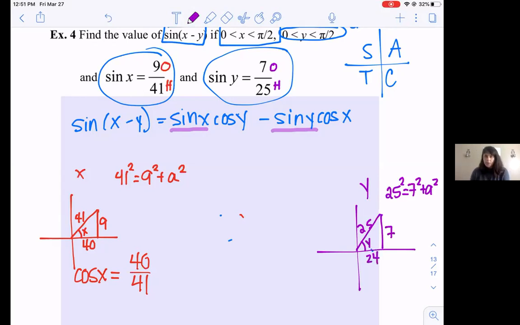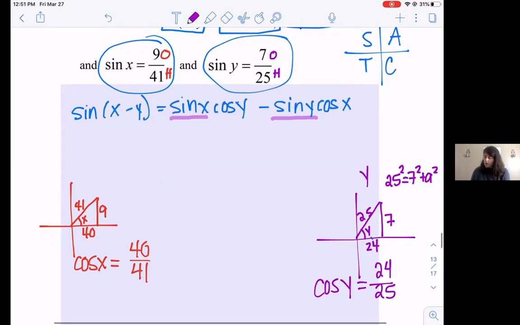Okay, so these are nice numbers. They're not radicals, so we can multiply them pretty easily. But now using this, I know that my cosine is adjacent over hypotenuse, so 24 over 25.